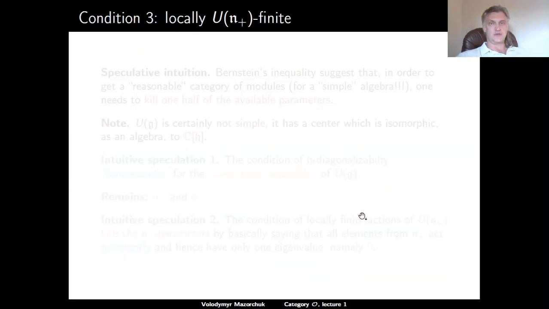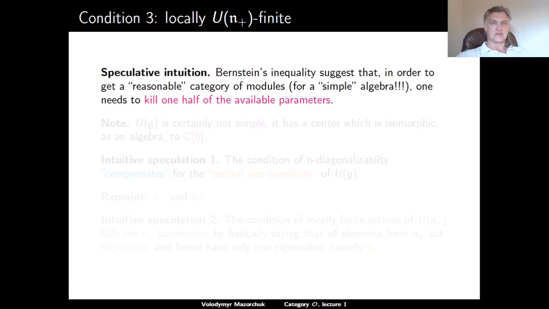So with these two detours in mind, let's discuss the third condition, the condition of locally finite action of the universal enveloping algebra of the positive part. So somehow Bernstein's inequality suggests that in order to get a reasonable category of modules over a simple algebra, one needs to kill 1/2 of the available parameters.